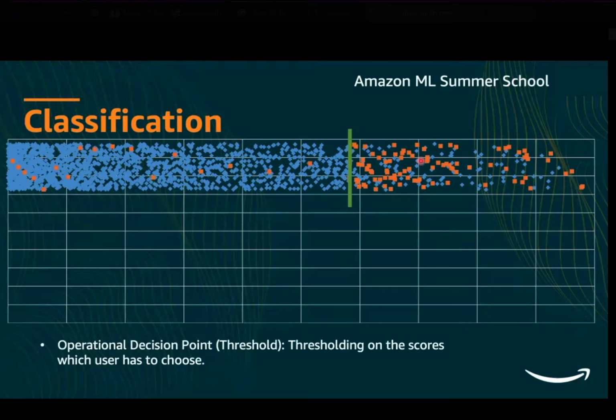Let's say we select a threshold of 0.5 and say that all the transactions with score greater than 0.5 are fraudulent, and all the transactions with scores or probability less than 0.5 are non-fraudulent. As I said, separation may or may not be perfect. Okay. So what happens is, once you tag something as fraudulent, this goes to humans to verify whether this is actually a fraudulent transaction or not.